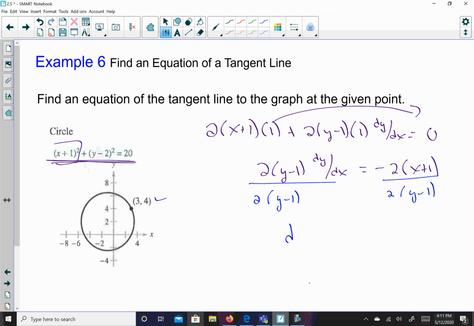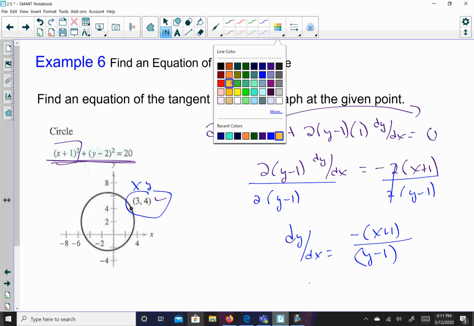So dy/dx is equal to, the 2's will simplify, so I'm going to have negative the quantity x plus 1 over y minus 1. I want to find the derivative at this point (3, 4). So 3 is my x, 4 is my y. So I'm going to substitute those in.